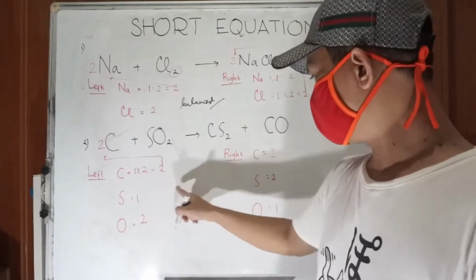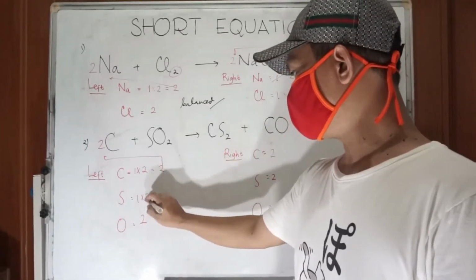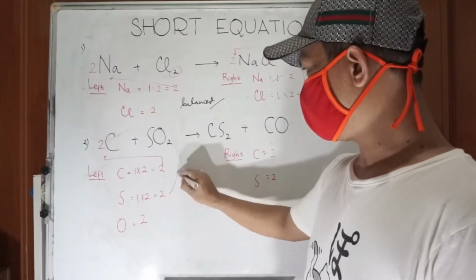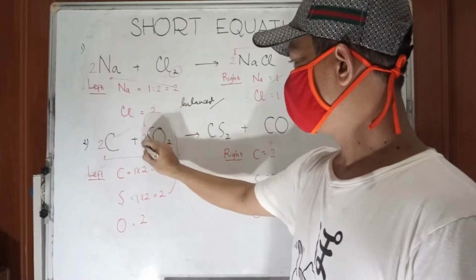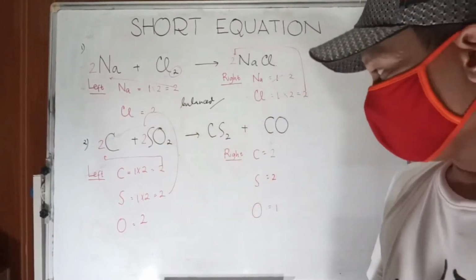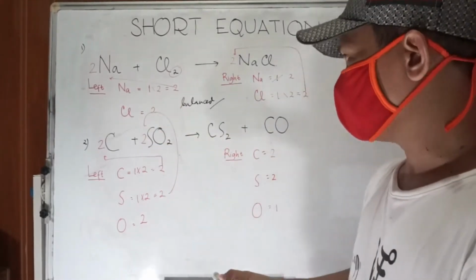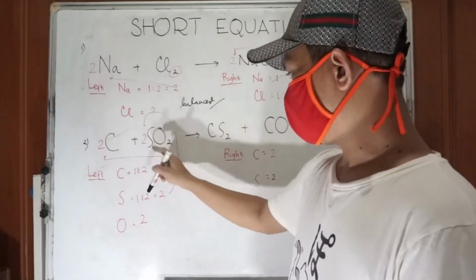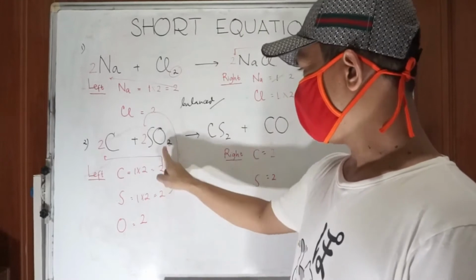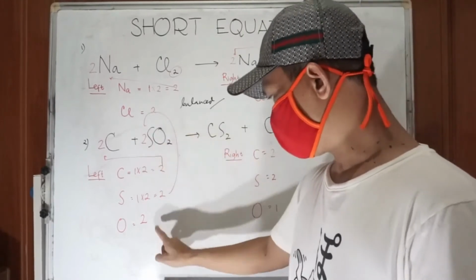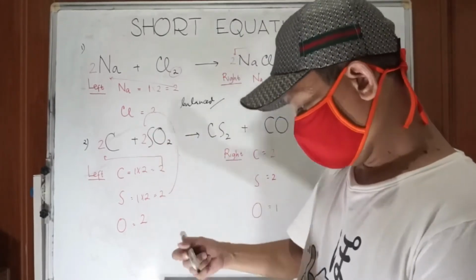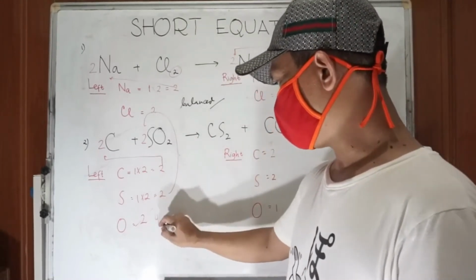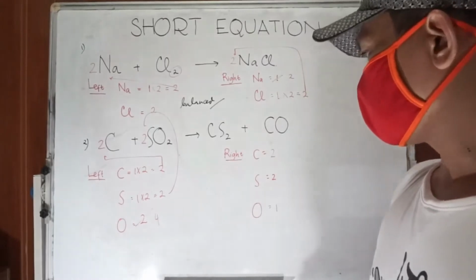So to make it balance, times 2 equal to 2. Automatically, we put here 2. Right? Now, the new composition is S 2 times 1 and O 2 times 2 is 4. But here is 2. Okay? Now is 4. Right? Okay.